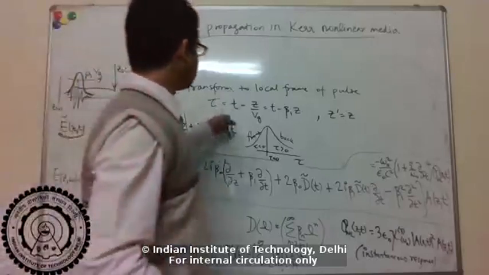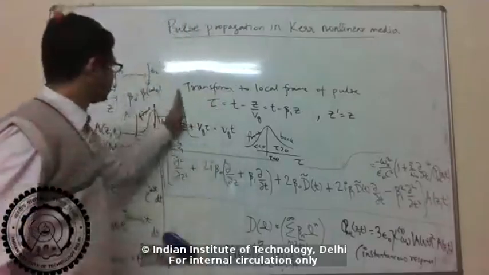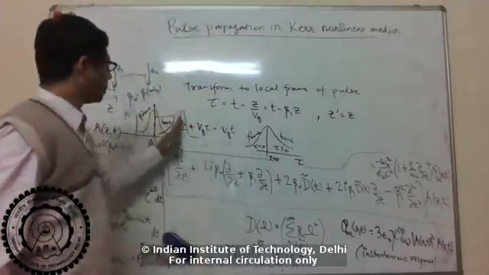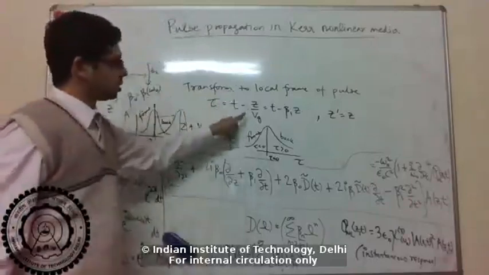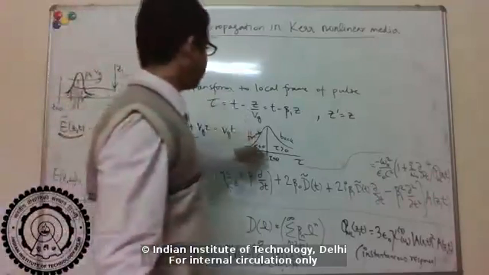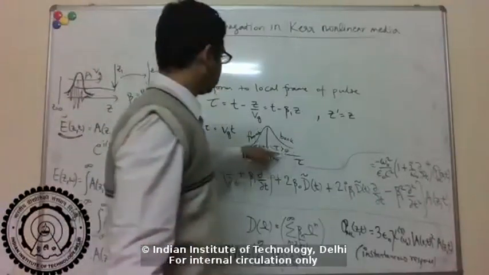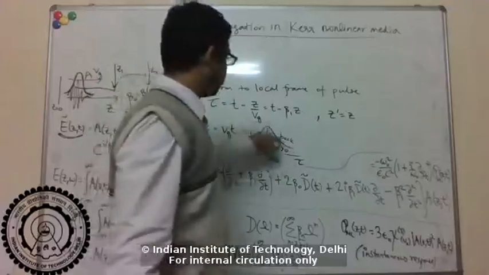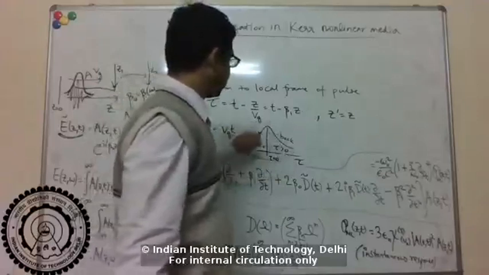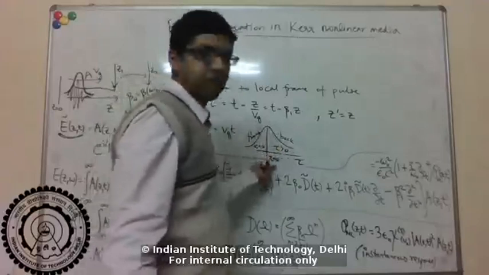If I transform to this frame, I subtract the spatial dependence of the arrival of the pulse. Now in this local frame, it doesn't matter where I am, my pulse peaks at tau equal to 0. That's why it's like moving with the pulse.